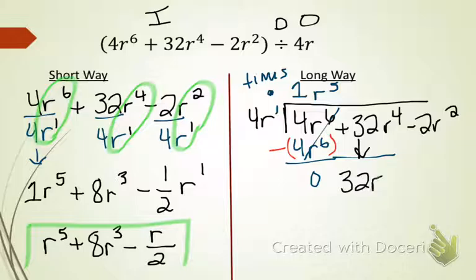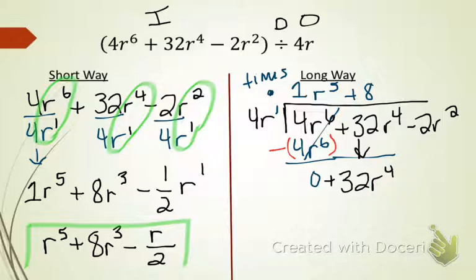32r to the power of 4, and that is a positive 32. So now we got to think, okay, 4 times what will give us a positive 32? We need a positive 8. r to the power of 1 times something will give us r to the power of 4.